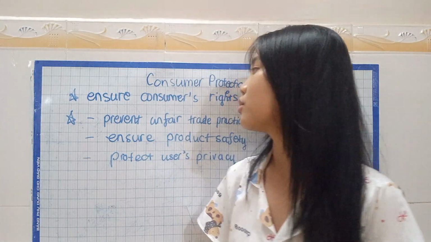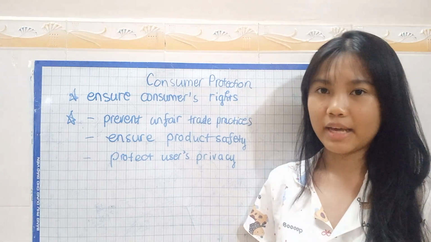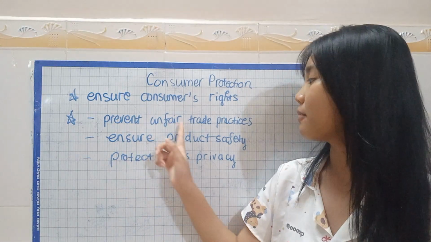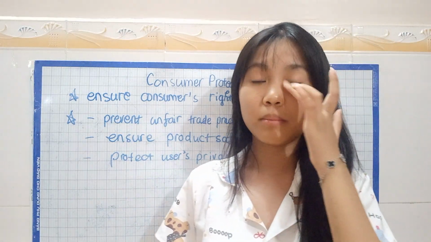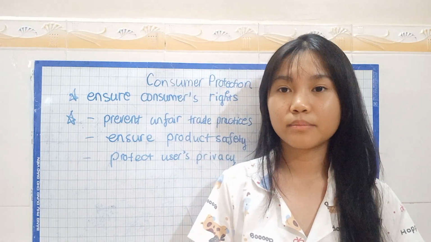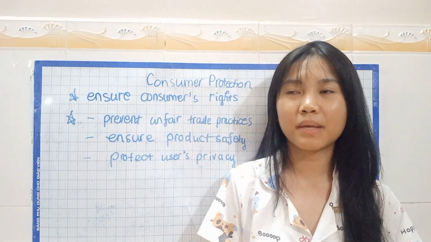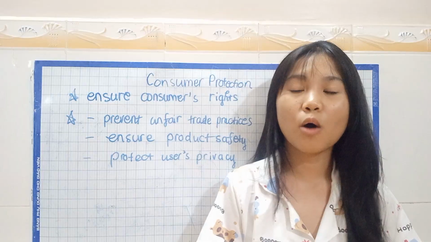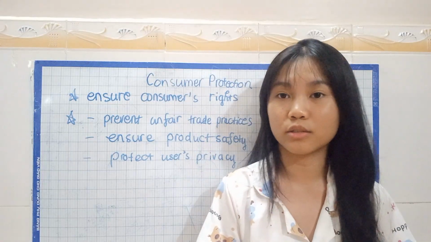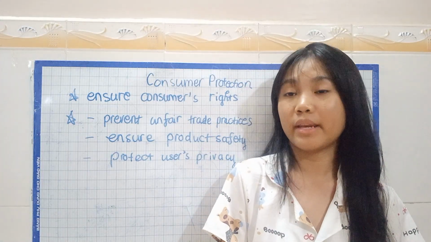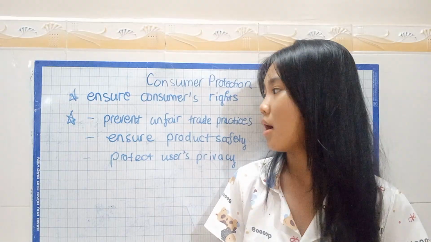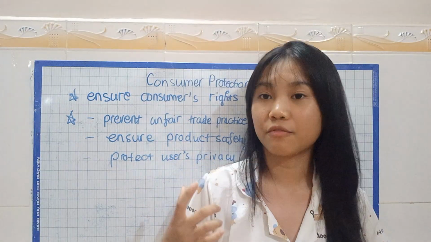So what does consumer protection actually protect? First, it prevents unfair trade practices. What do we mean by this? We as people who sell things to customers and consumers never want our consumers to be trading for unfair products.